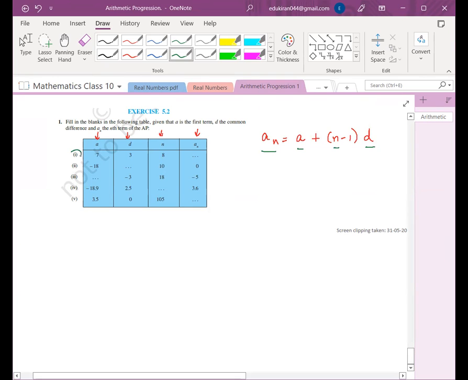Now look at the first part here. Three are already given. You have to find AN. A is 7, D is 3 and N is 8. So AN is simple. Put the formula: A plus N minus 1 into D. A is 7 plus 8 minus 1 into D. Now quickly tell me how much this is.